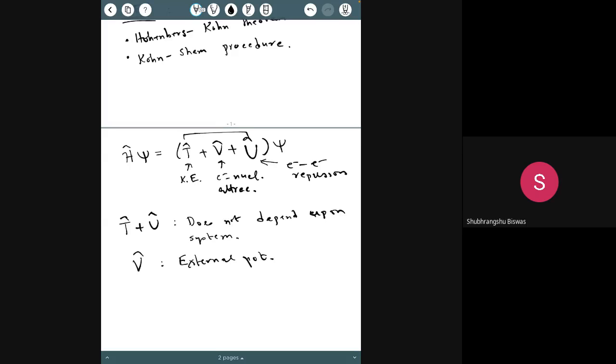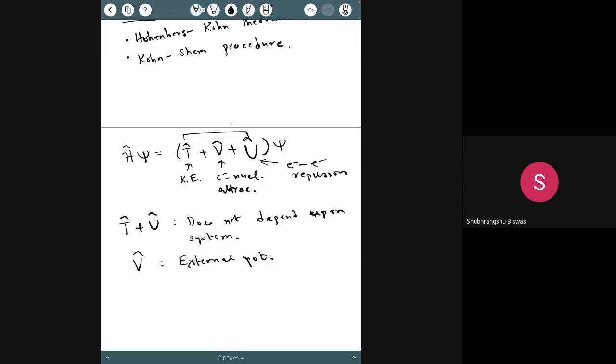So what did Hohenberg and Kohn say? They said that the ground state density and the external potential have a one-to-one correspondence. What do they mean?